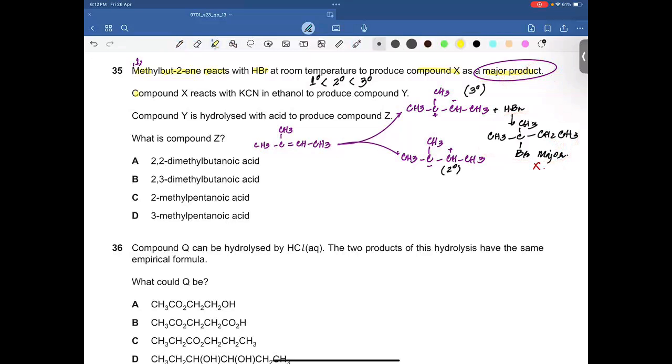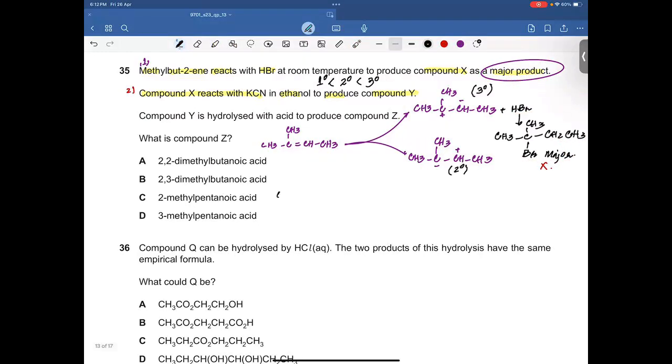Now compound X reacts with KCN in ethanol to produce compound Y. This is the second part of the question. That's a huge amount of working. Then CH3, C, CH3, Br, CH2, CH3.